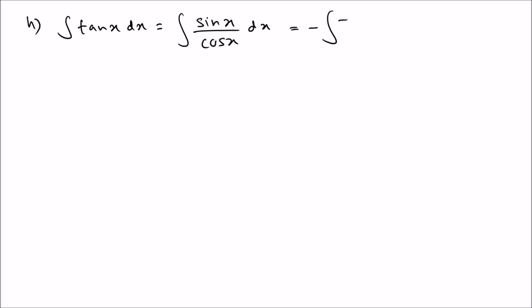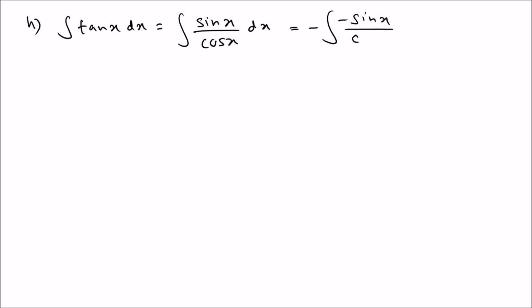So let's do tan x. This is also in the 22 table, but if you don't know, let's write tan using sine and cosine. So sine x over cosine x, and you can see that the derivative of the bottom function is negative sine x. So we can put the negative out and negative in.